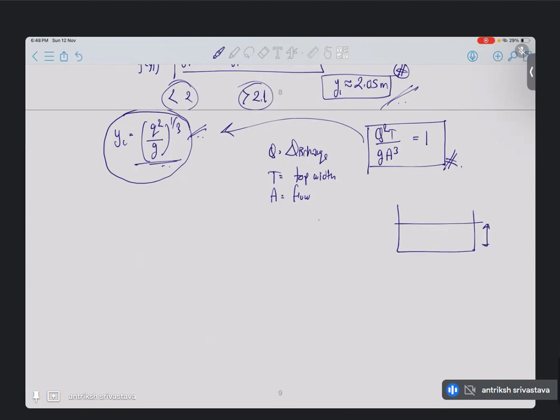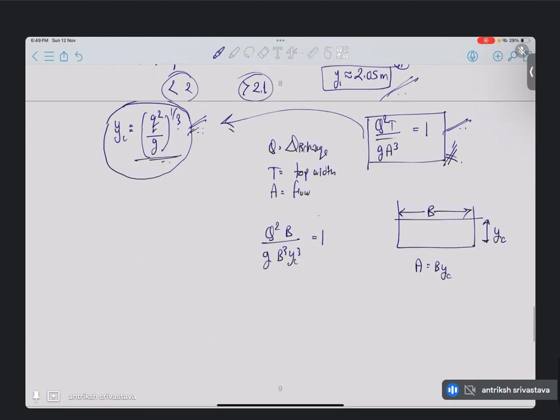This is Y, which in this case is YC, as we have seen, put this expression equal to 1. So let's use Q square. What is T in case of rectangular channel? The top width is nothing but B. And what is area? Area is B into YC. So B cube YC cube. Now, I think you can already see how this expression is going to pan out.